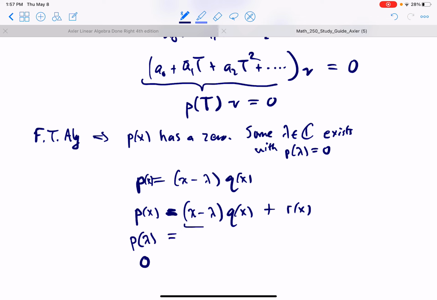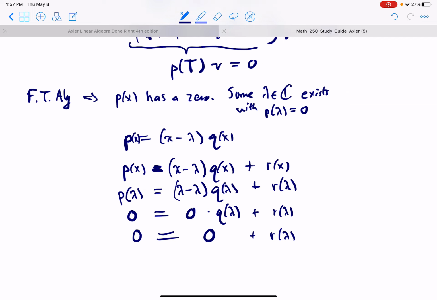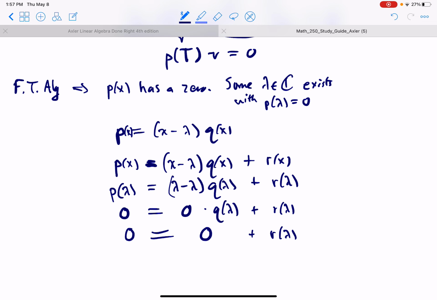But if you plug in lambda over here, you get lambda minus lambda times q of lambda, which q of lambda might not be 0, but this is 0. 0 times q of lambda is definitely 0. And then we have r of lambda. Okay, so r of lambda has to be 0 is what we've proved.